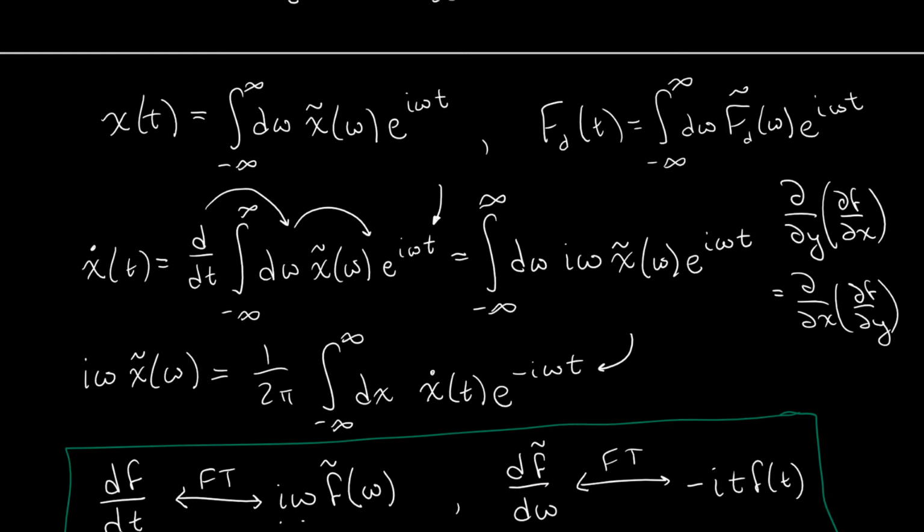with omega. And if that does really bother you still, there's a different way to prove this relation starting from here, just doing the Fourier transform of the time derivative, where you can do integration by parts, and essentially move the derivative off of this x, push it onto the exponential, and you get this exact same relation.